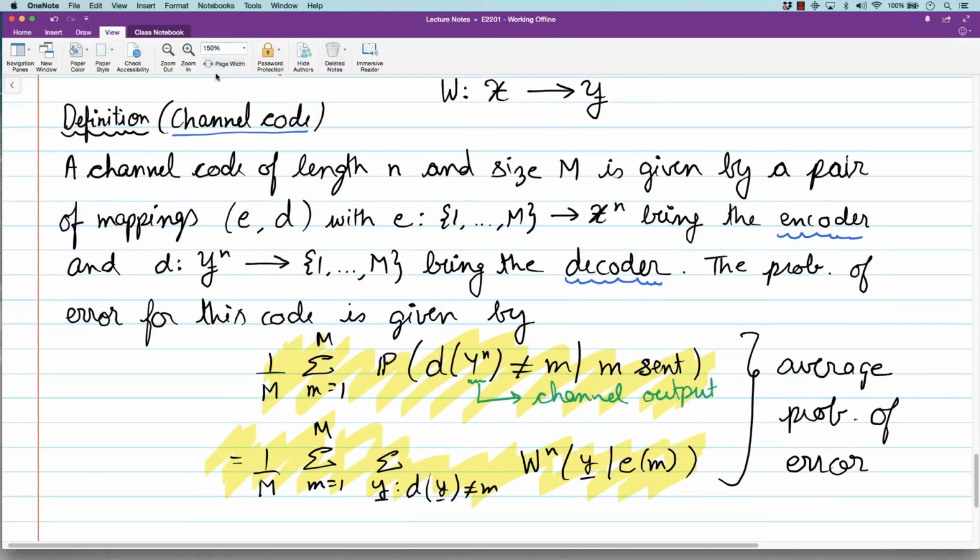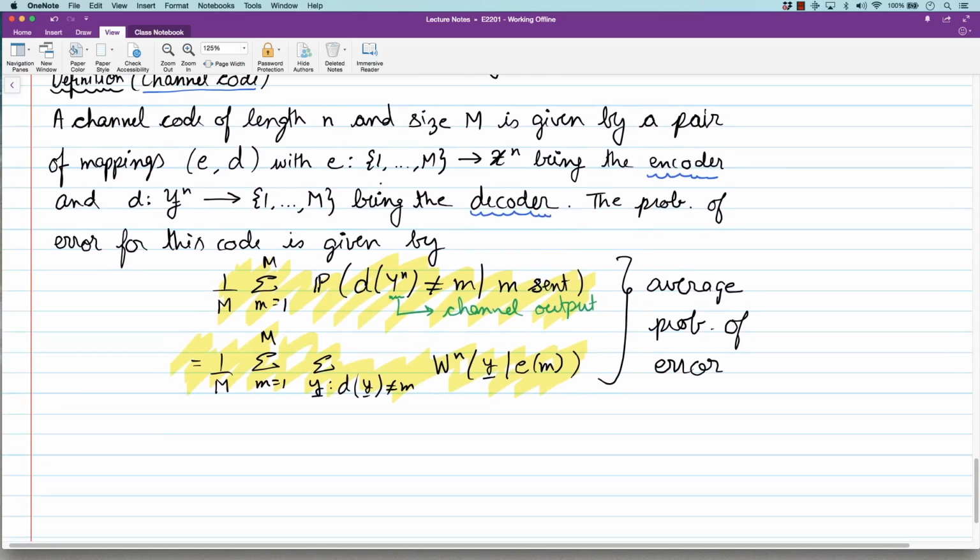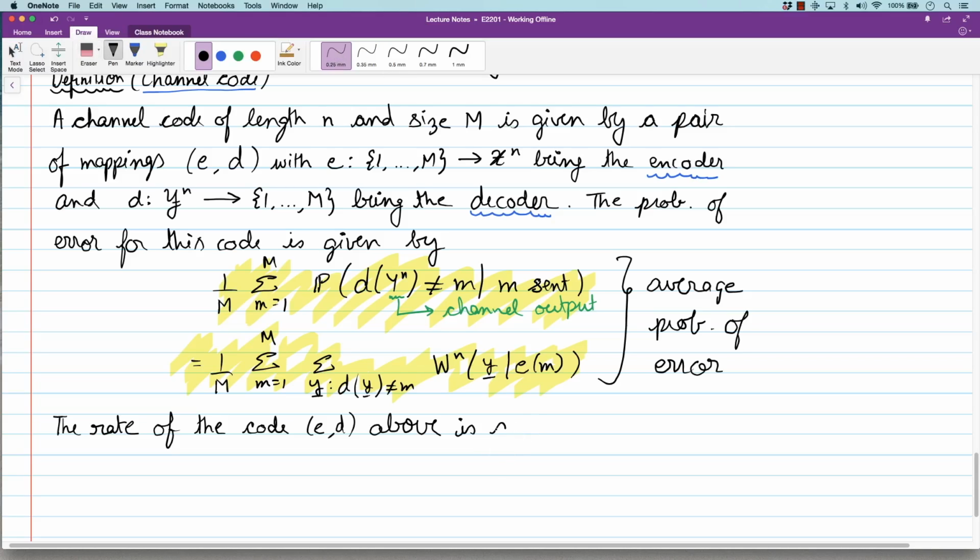Now the other thing that we need for a code is its rate. The rate of the code (E, D) is given by, so rate is just the number of message bits that the code sends per channel use, log M by n.